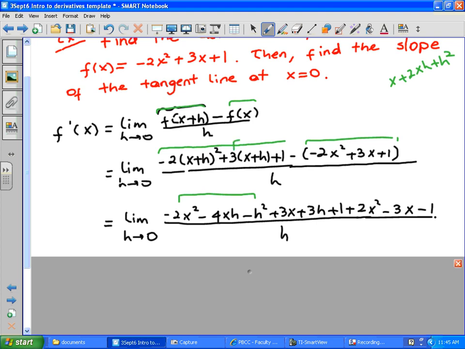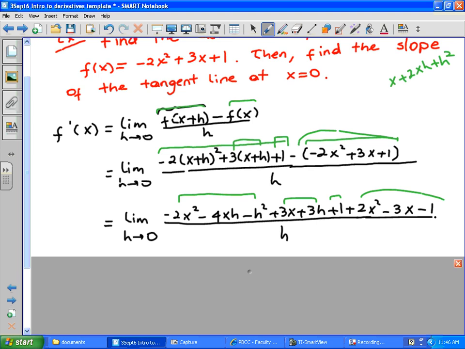Then you distribute your 3, that gives you this, then you have the plus 1, and don't forget when you distribute the negative sign onto these, then you will have the last 3 terms.